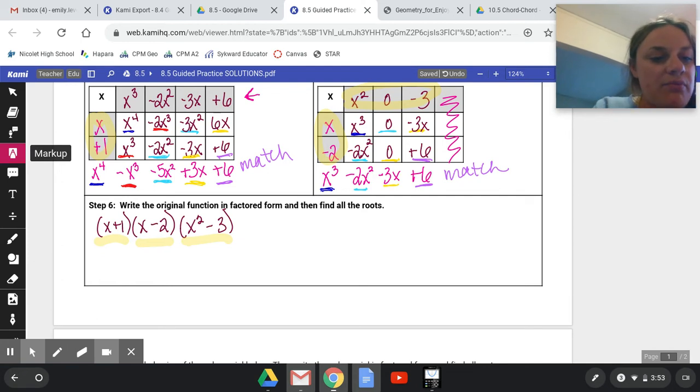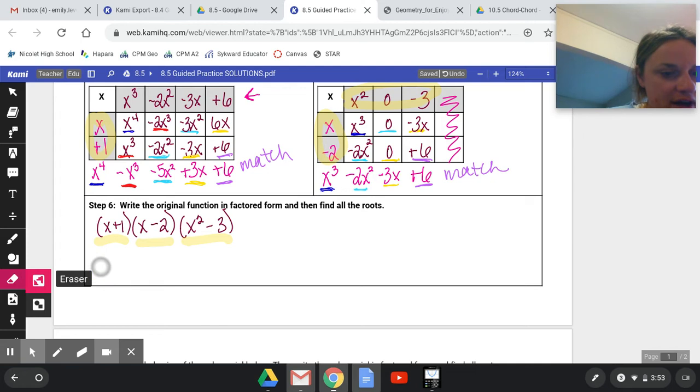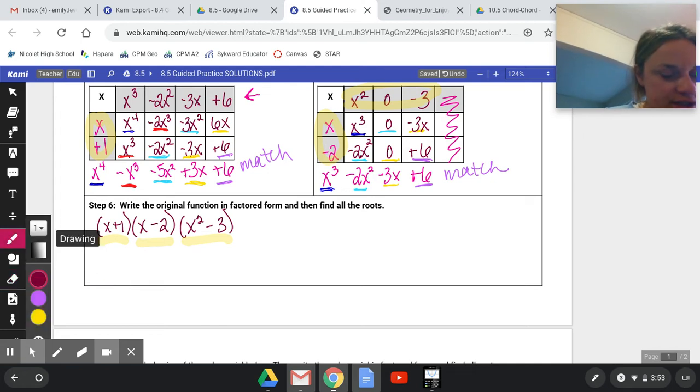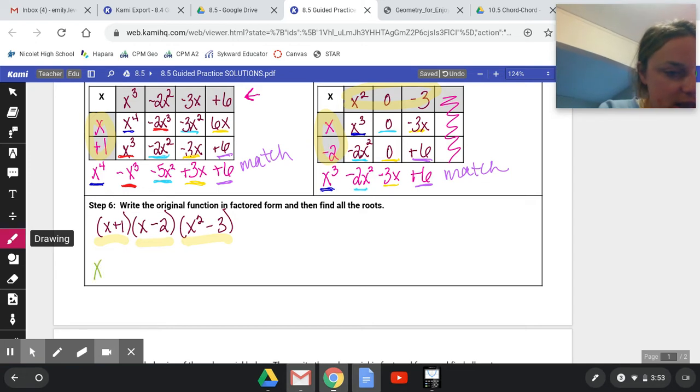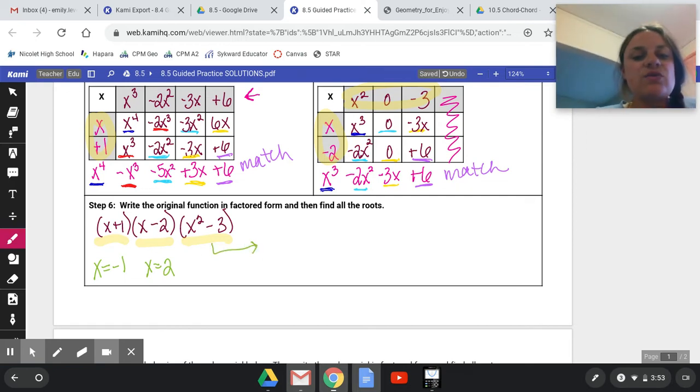So I already know that my first factor gives me a root at x equals negative 1. My second one gives me a root at x equals 2. Okay, now I have to figure out this x squared minus 3. Where are my other roots?